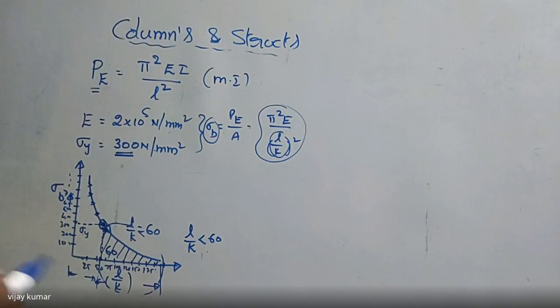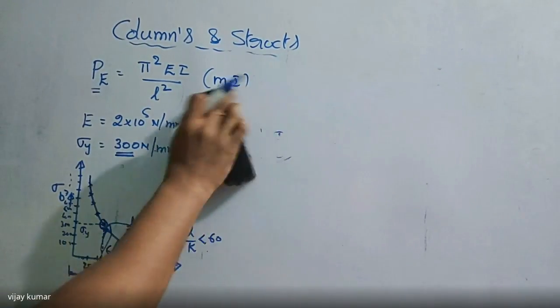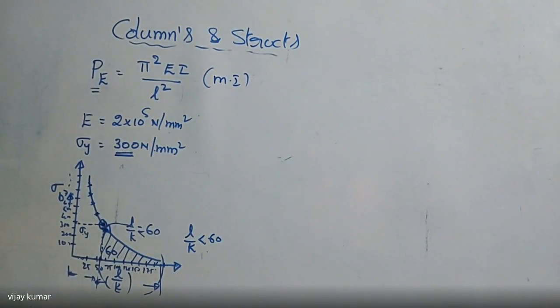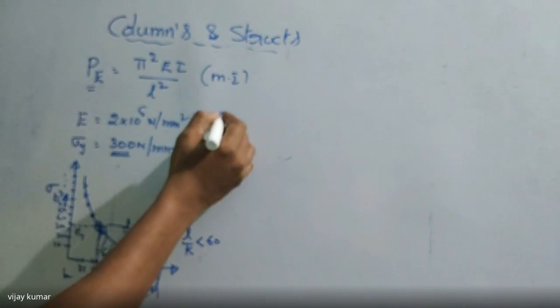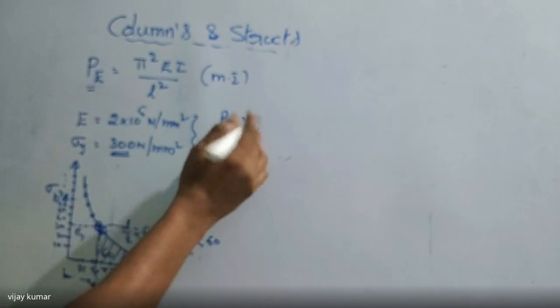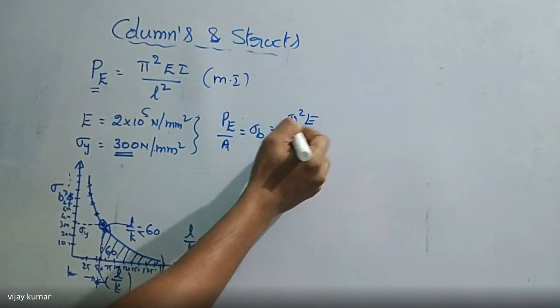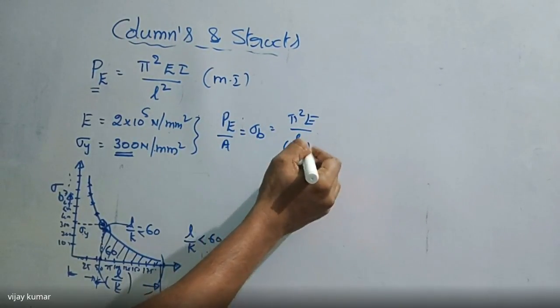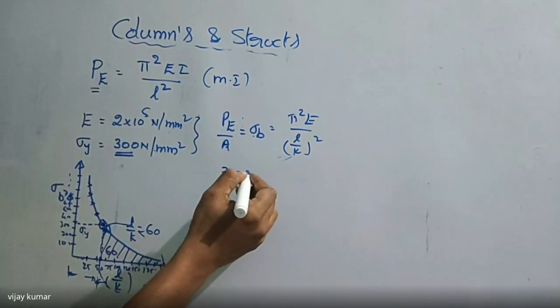So for example, if you take this problem, I want to find the L by K ratio of this mild steel. Take these two values. I am taking P by A, that is equal to how much? Sigma B is equal to pi square into E divided by how much? L by K whole square. So sigma B is given, that is 300 Newton per mm square.